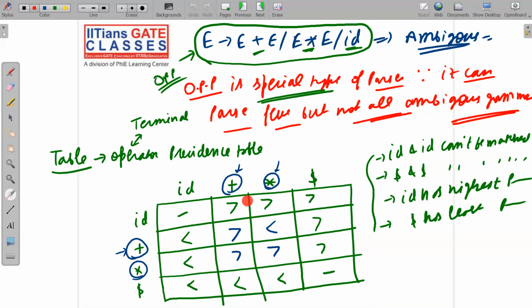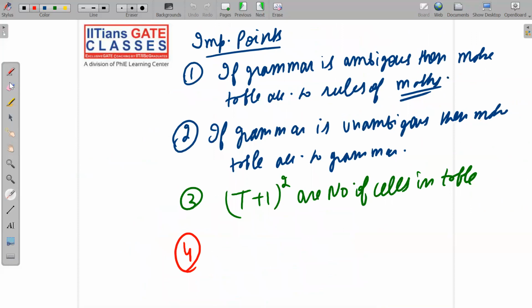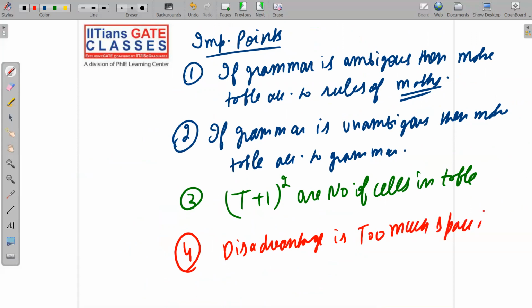So the table will become very, very large. That is the main disadvantage: too much space is required to store the table.